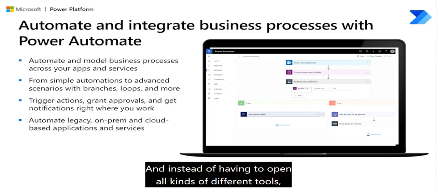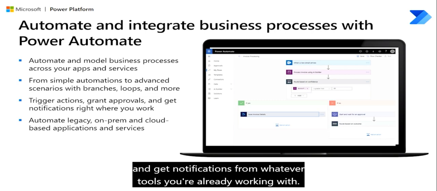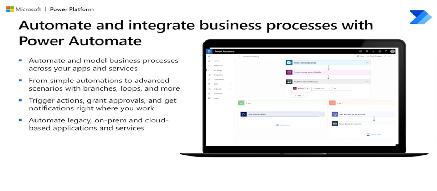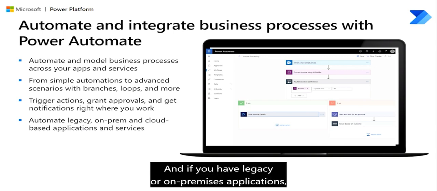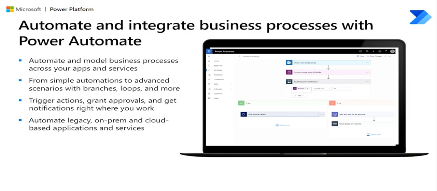And instead of having to open all kinds of different tools, you'll be able to trigger actions or grant approvals and get notifications from whatever tools you're already working in. And if you have legacy or on-premises applications, or even if you've built your own, Power Automate works there too.